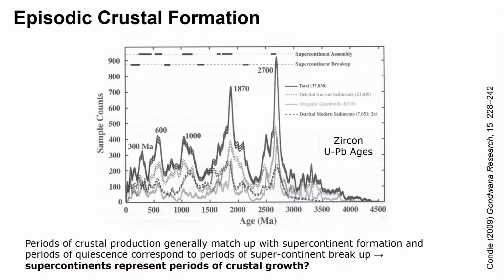And what I think is quite interesting is that these time capsule minerals known as zircons, we've analyzed thousands, possibly tens of thousands of these zircons through Earth history. And as I said, they're almost indestructible. But what we see is these peaks in the appearance of these zircons through time, which appear to correspond to what's known as supercontinents, periods when we had all the continents glued together in one mass, which represent periods of crustal growth.